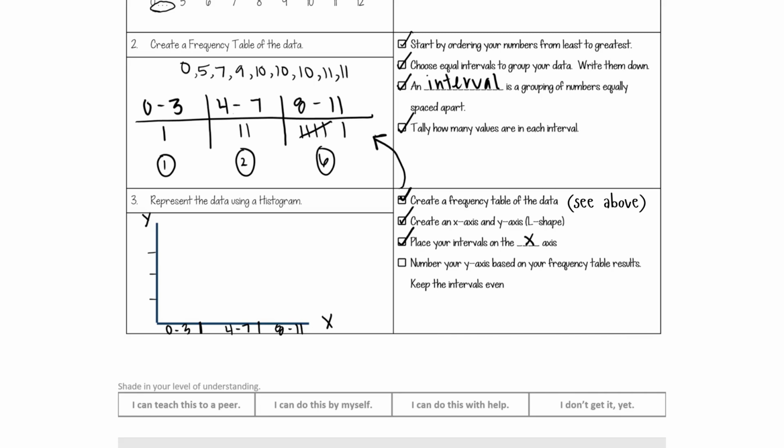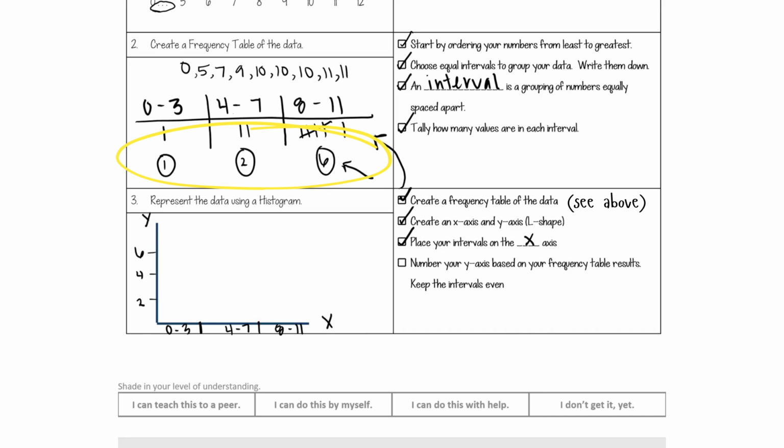Number your y-axis based on your frequency table results. Keep the intervals even. So this axis over here is going to be numbered 2, 4, 6, because the highest number of values I have is 6.